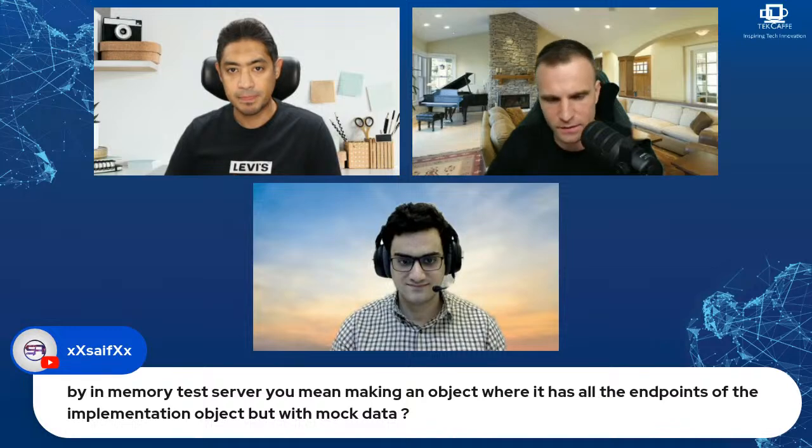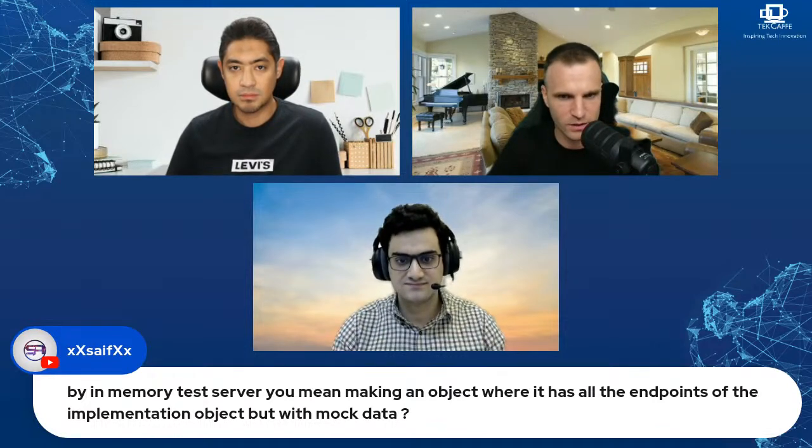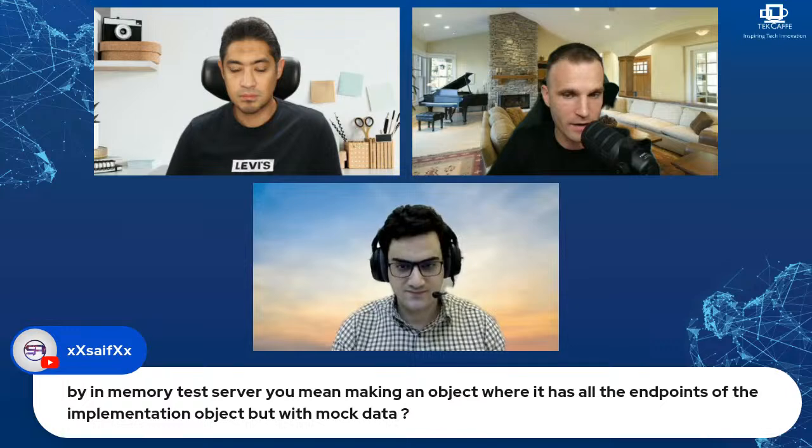So here I use the ASP.NET Core Test Host library. You can check it out. It's from Microsoft, and it has a test server object natively provided by this library. You can spin up your .NET Web API in memory. I forgot to mention, I used an SQLite database, but that's also in memory.